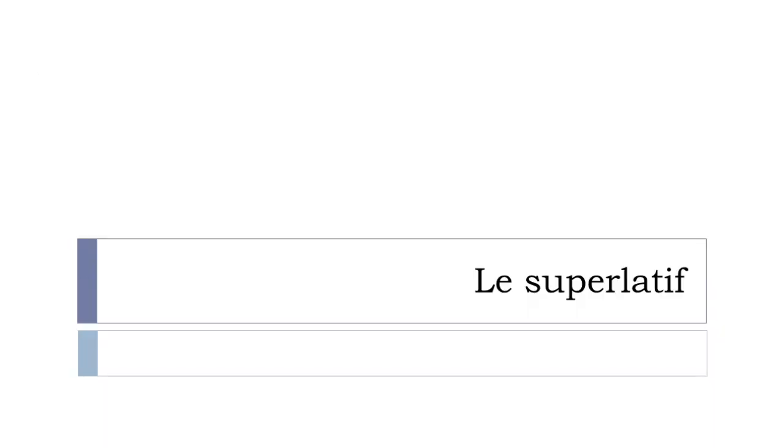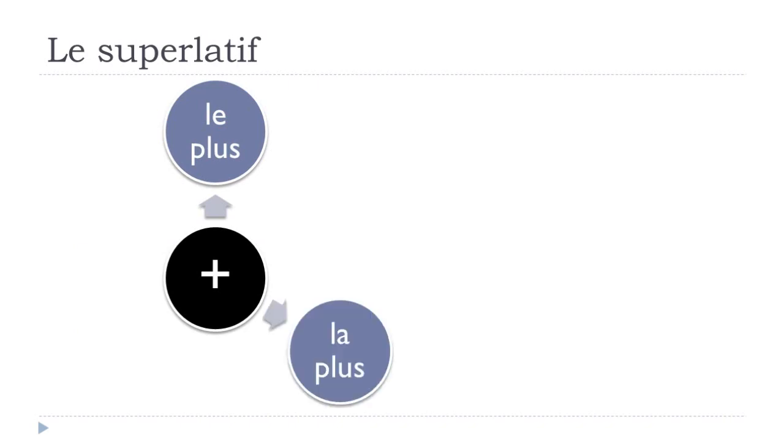Le superlatif. So the superlative in English would be the most or the least. Okay, so we'll see how to make it in French. First, we'll see how to express this the most expression in English, and of course in French we've got the difference between the masculine form, le plus, the feminine form, la plus, and the plural form, les plus.